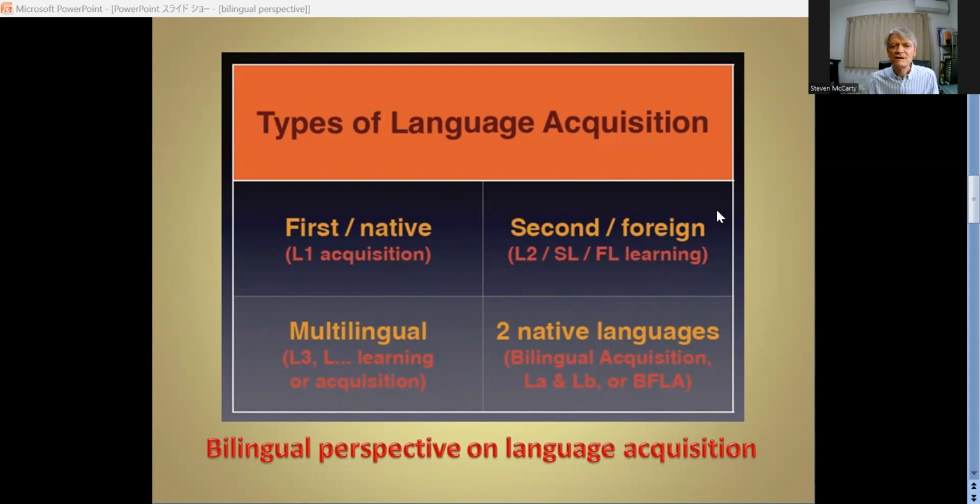Also, a little vocabulary: L2 is the second or foreign language, and L1 the native language, of course. We'll also get into C1 and C2 for the native and second cultures. With native languages, we can't just say L1 and L2 if they're both native, so it becomes, let's say, LA and LB.